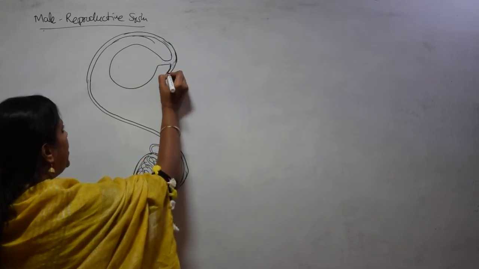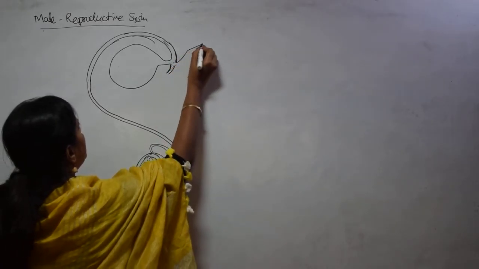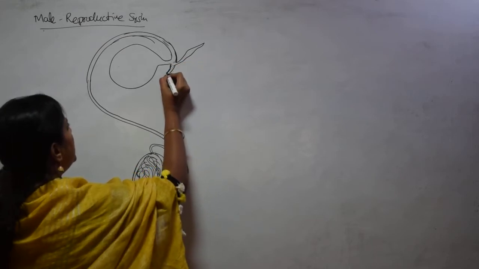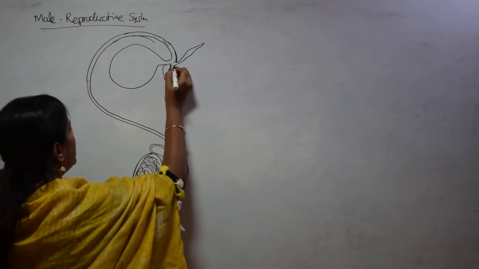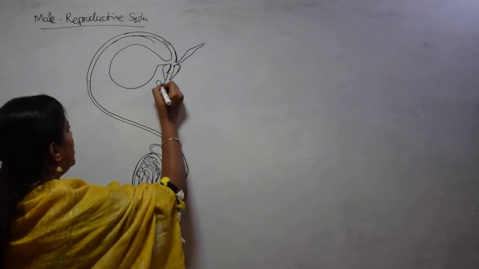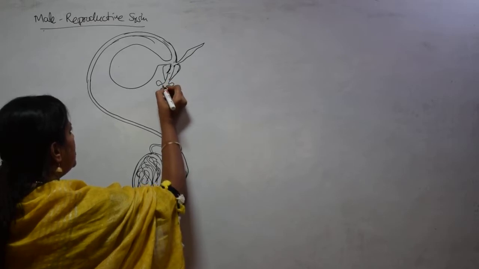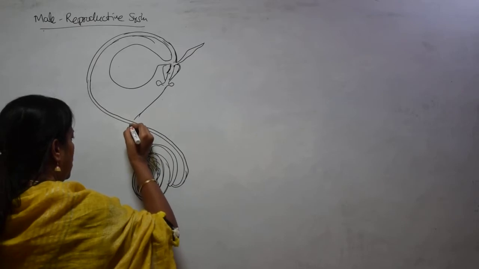This is called the ejaculatory duct, where you will find the seminal vesicle. Then below this you find the ejaculatory duct. This is the prostate gland, and here are the bulbourethral glands, and this will transport the sperms along with the urine into the urethra.